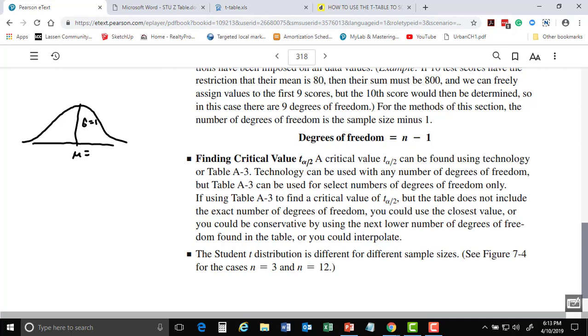So on these things, when we figure out how much we want under the tail, remember, what's under the tail is alpha divided by 2. Where did I get that? Because 1 minus whatever confidence interval you're equal to, what you want is considered alpha. That's the Greek letter alpha.